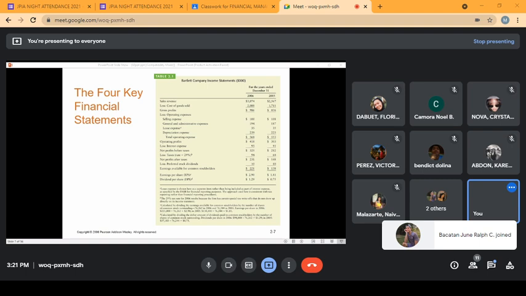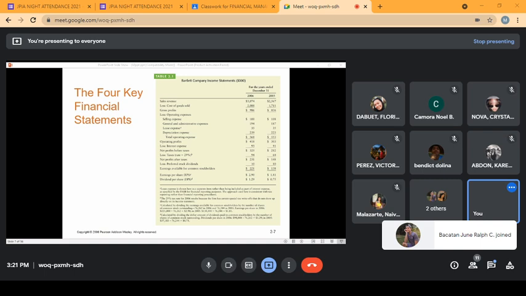Okay. Using financial ratios. Number one, we have what we call the trend or time series analysis. That is the first analysis that we have. The trend or time series analysis is used to evaluate a firm's performance over time. So you are going to have a time series analysis in order to understand the performance of a particular firm in a particular time.